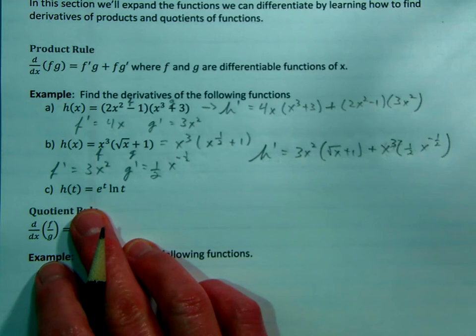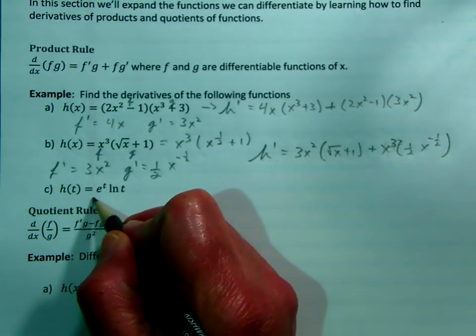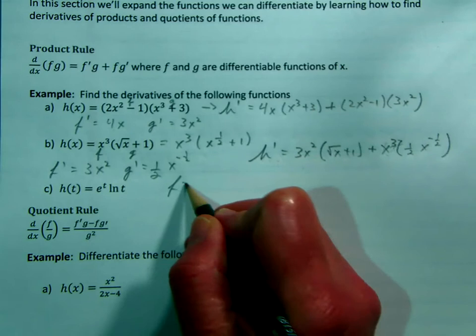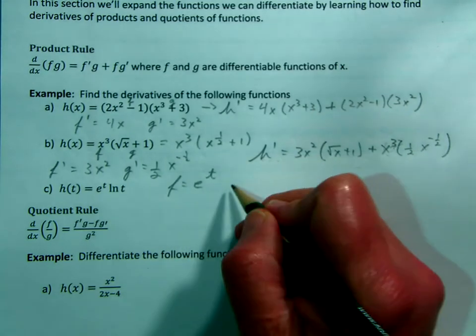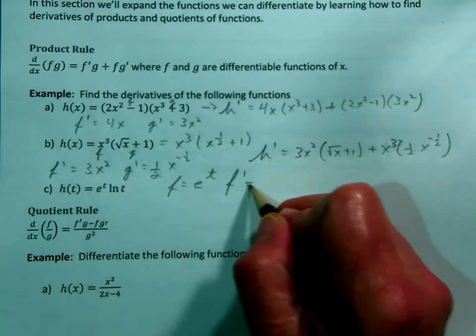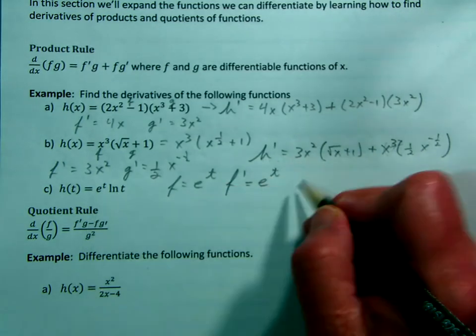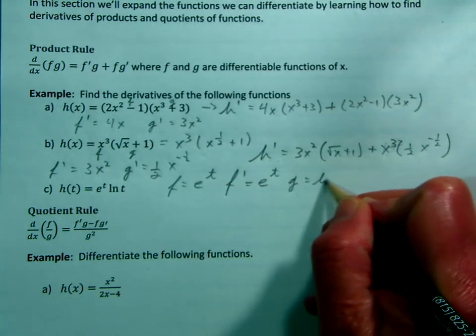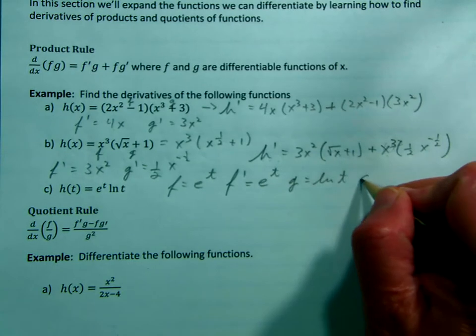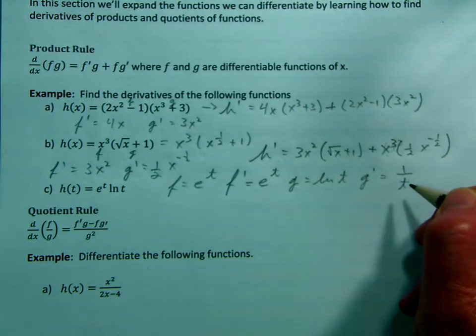Let's do one more. If we let f be e to the t, remember the derivative of e to the t is also e to the t. And if g is the natural log of t, then the derivative is 1 over t.